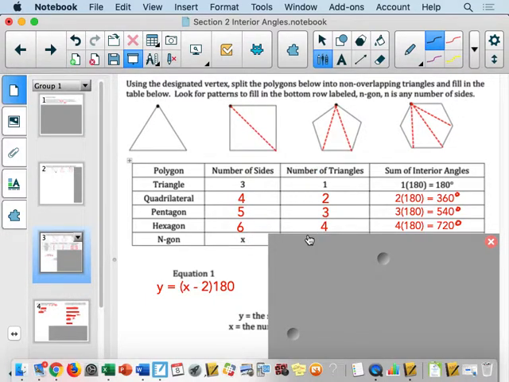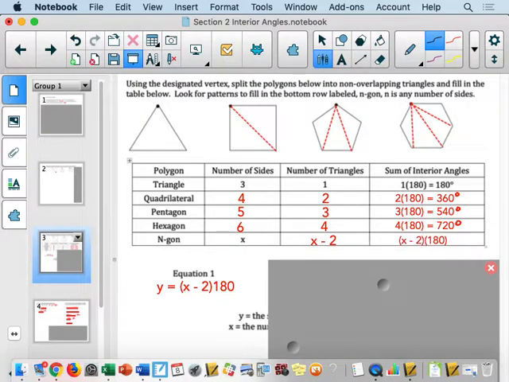How many triangles would there be? What pattern do I see up here? 3 to 1, 4 to 2, 5 to 3, 6 to 4. It's always what? Minus 2. So the number of triangles is always 2 less than the number of sides.